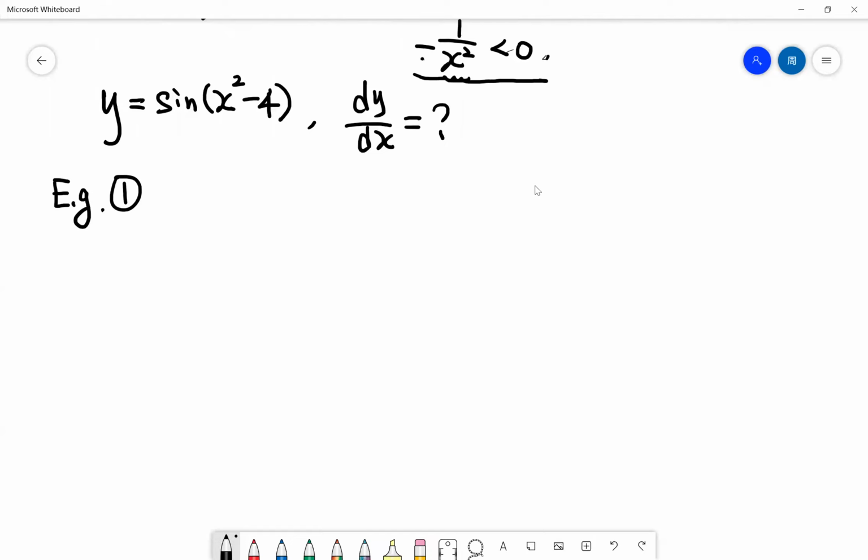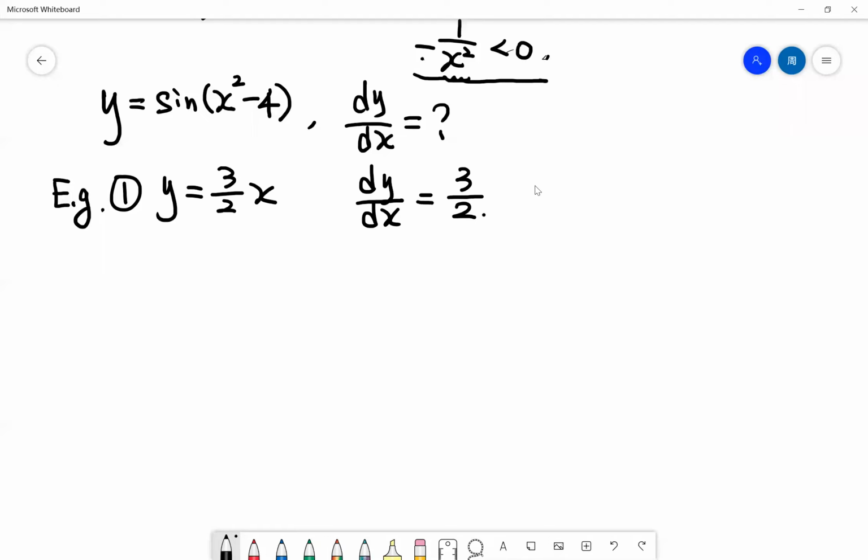The first one is y equals 3 by 2 times x. And we all know that dy by dx equals 3 by 2, right?